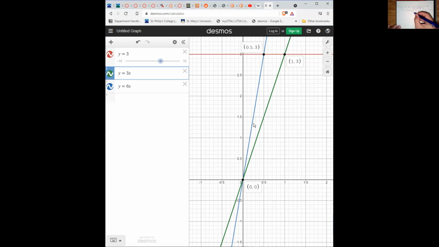Just try to graph this. Let's say 1's right there. Right here is 0.5.